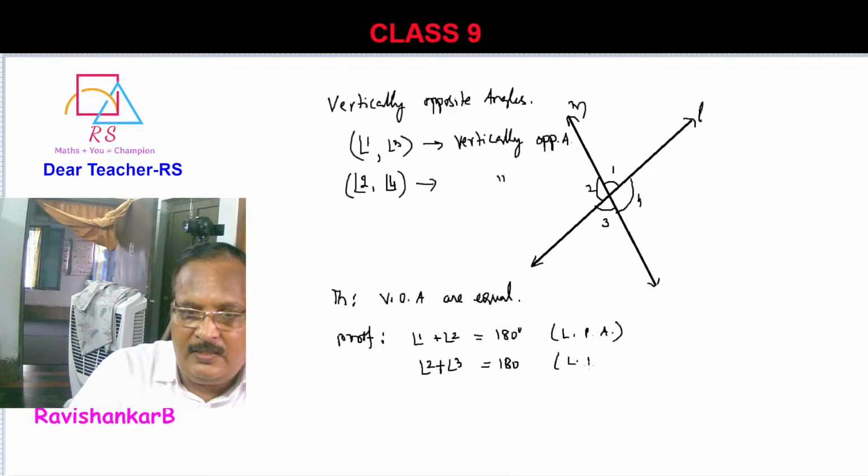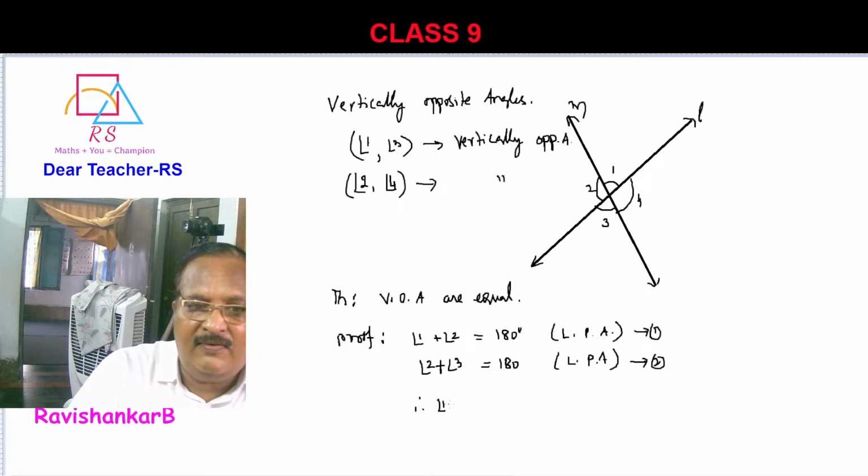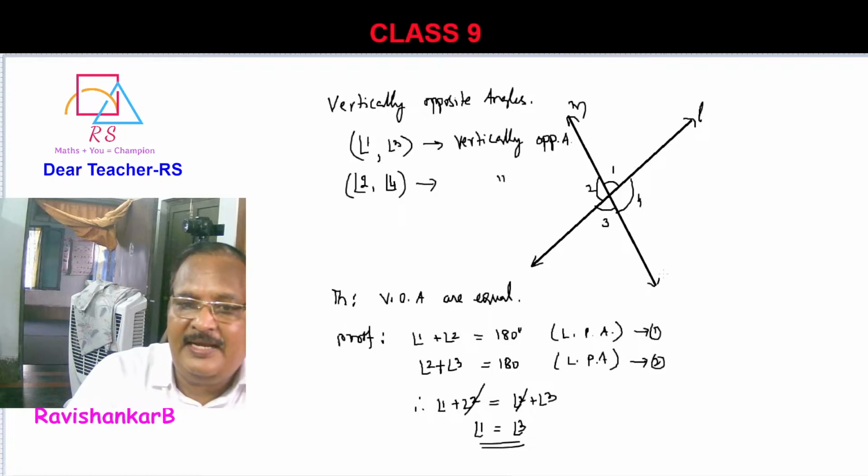The reason is the linear pair axiom. Now these two equations, the first equation and the second equation, have equal right hand sides, therefore the left hand sides are equal. Angle 1 plus angle 2 is equal to angle 2 plus angle 3. Angle 2 is the same on both sides, so we can cancel it. Angle 1 is equal to angle 3. So this is the first pair of vertically opposite angles being equal.